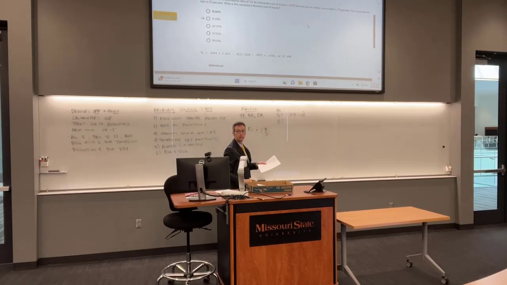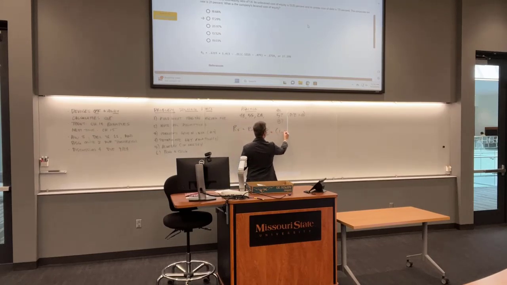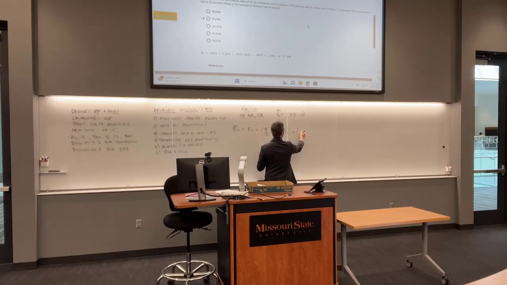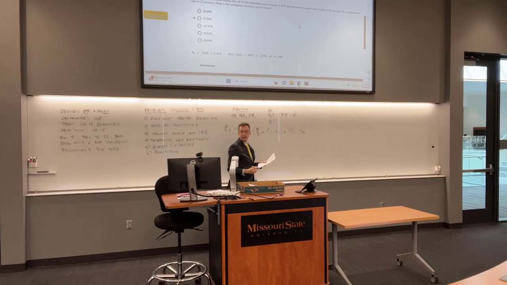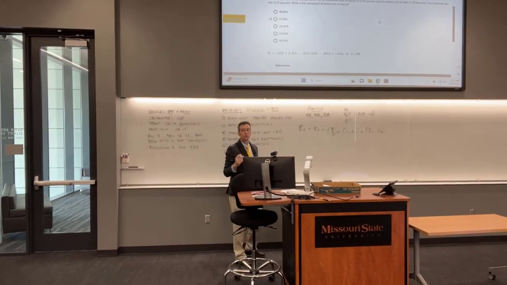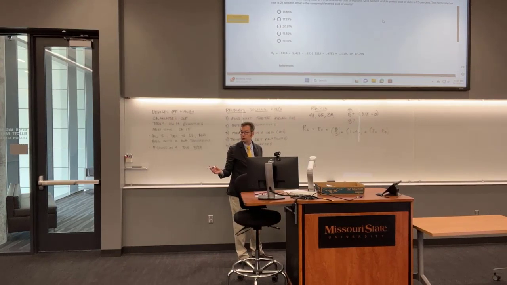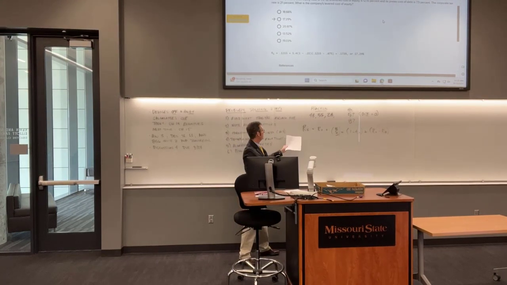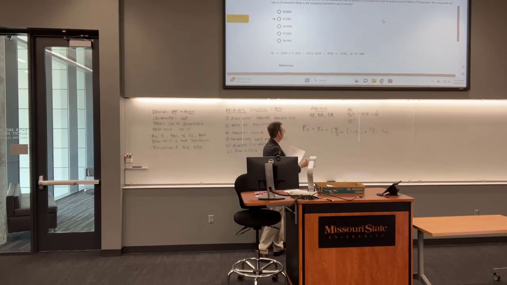B over S, yeah, the debt to equity ratio, multiplied by 1 minus T sub C, multiplied by R sub 0 minus R sub B. And they're asking us for the levered cost of equity. Do we need to do any algebra whatsoever? No, this thing's already solved for it, right? And so what we can do is just plug and chug.